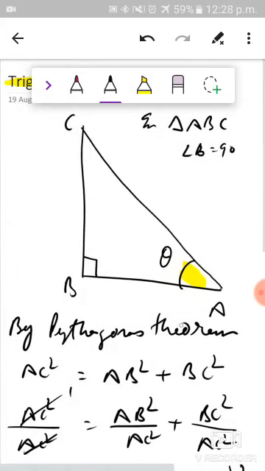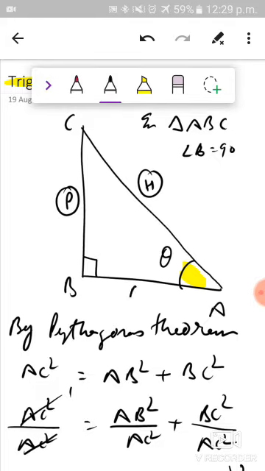BC by AC, you see what is BC? For theta, BC is what? That is perpendicular. Opposite side of the angle is called perpendicular, and AC is the hypotenuse. For theta this is perpendicular, and for theta this is base, right?